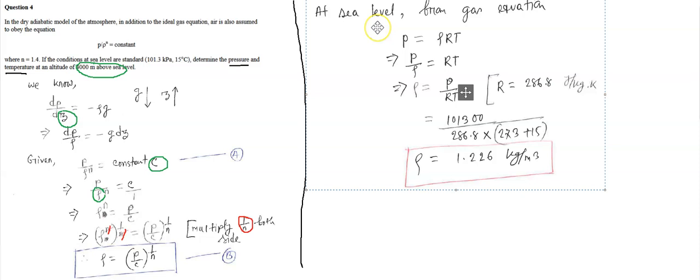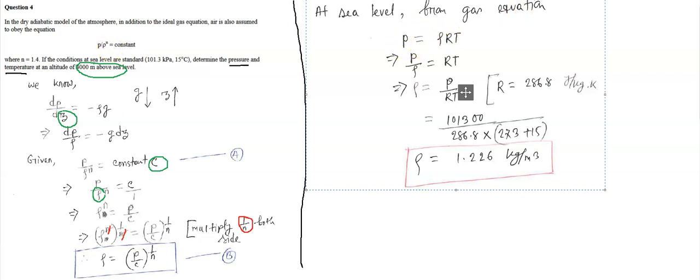Now at sea level, if the conditions are standard, we need to determine the pressure and temperature at 4,000 meters above sea level. We know the gas equation P equals rho RT, where P is the pressure, rho is the density, R is the gas constant and T is the temperature. As I told you earlier, this is similar to the other equation.